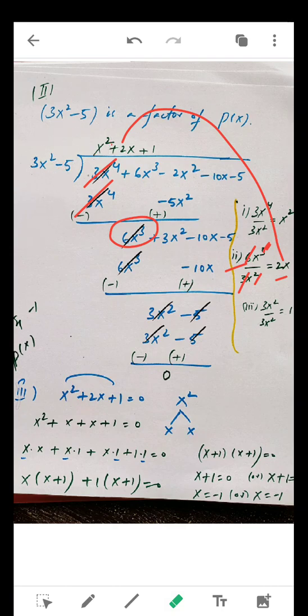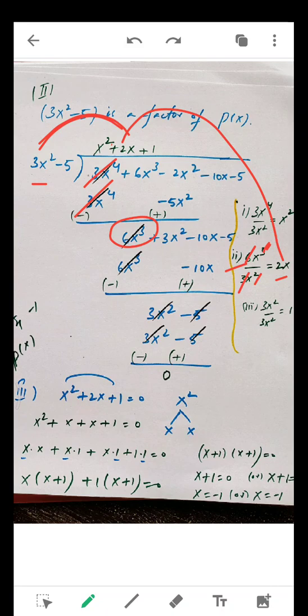Now again we need to multiply 3x square with 2x. That becomes 3x square into 2x becomes 6x cube, and minus 5 into 2x becomes minus 10x. Change the sign, because in every step we need to change the sign.